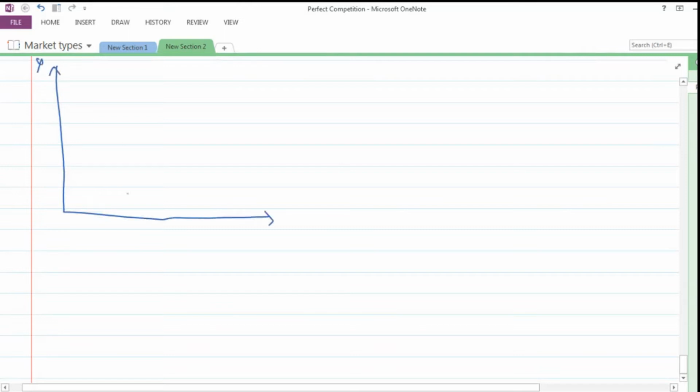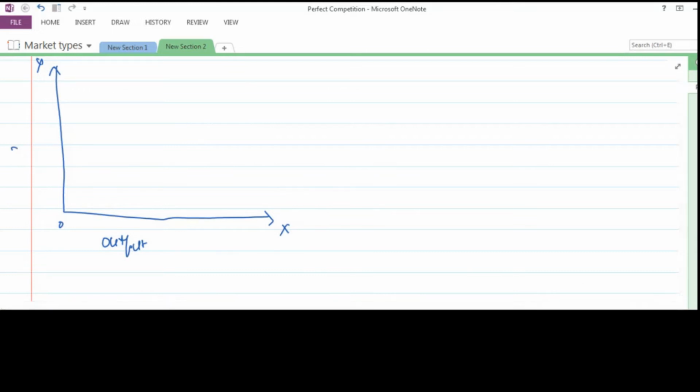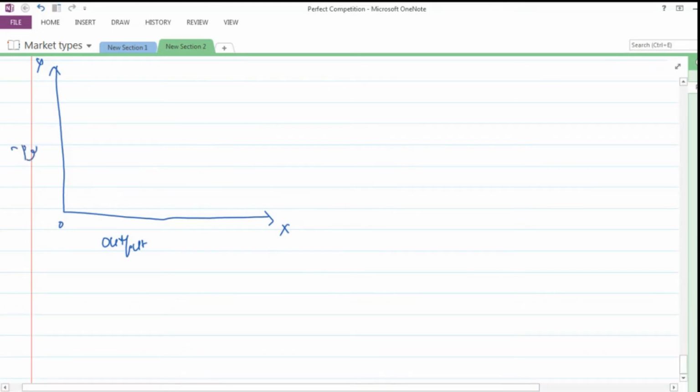So for example, if we draw a figure where on the x-axis we have output, and on the y-axis we have price. Then, if the supply curve is a vertical line, perpendicular to the x-axis, then OQ amount of quantity would be supplied in that particular industry.